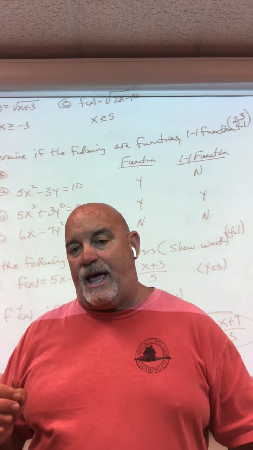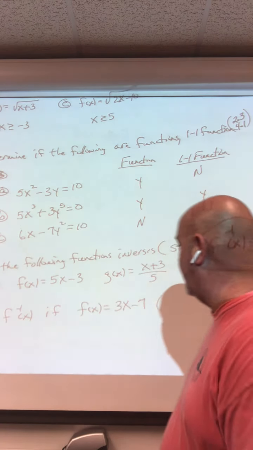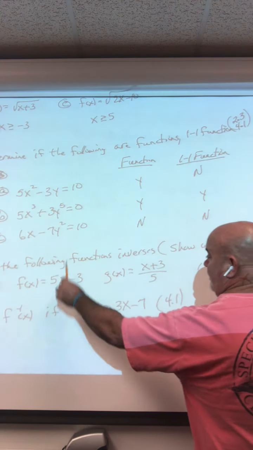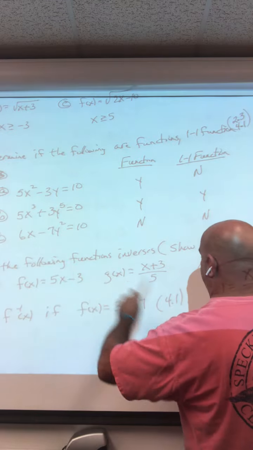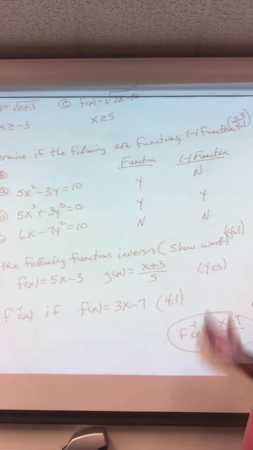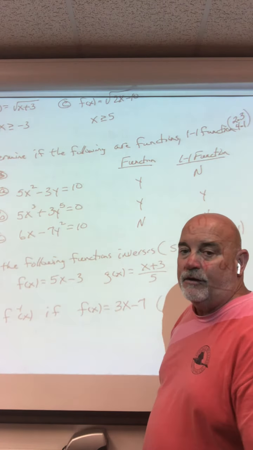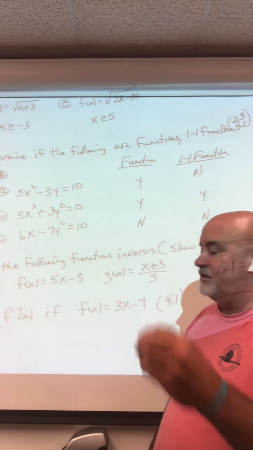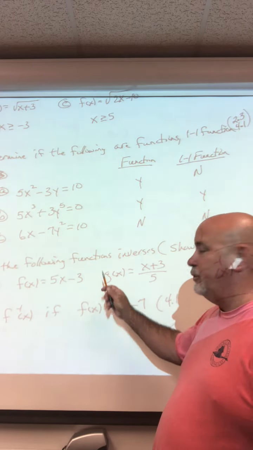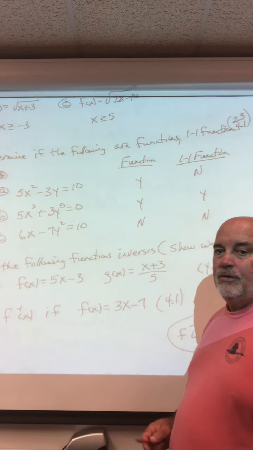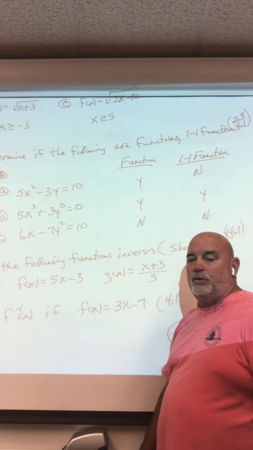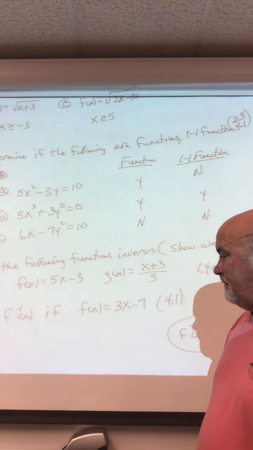But if you don't get an answer of x, then the answer would be no. So on this one, you're going to have to do f composed with g of x and g composed with f of x. Now, I didn't do the work, but I will go ahead and tell you, so you practice the work. These two right here, if you do f composed with g of x and g composed with f of x, you should get x both times. So practice that and make sure you can do that just to show that.